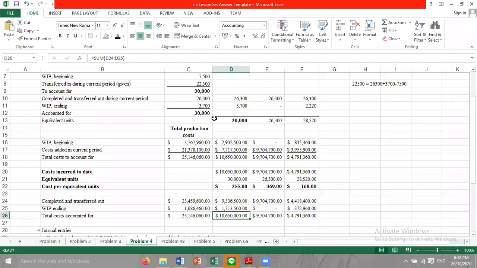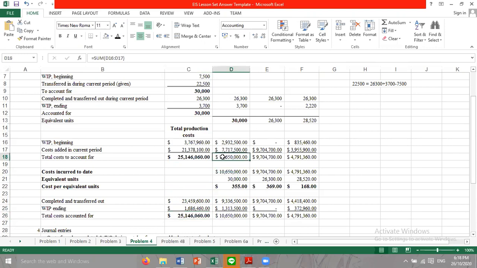Now, one thing to note is, although it's not necessarily, this criteria does not necessarily mean your answer is right, but for your answer to be right, it needs to meet this criteria. What is the criteria? That is that the total cost to account for needs to be equal to the total cost accounted for.